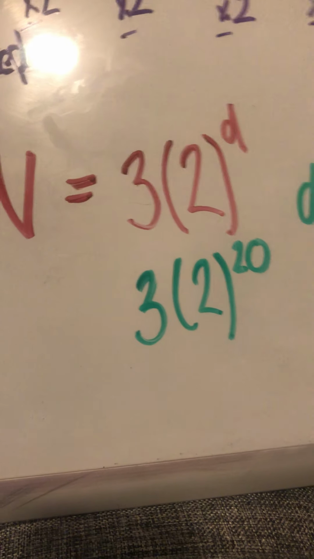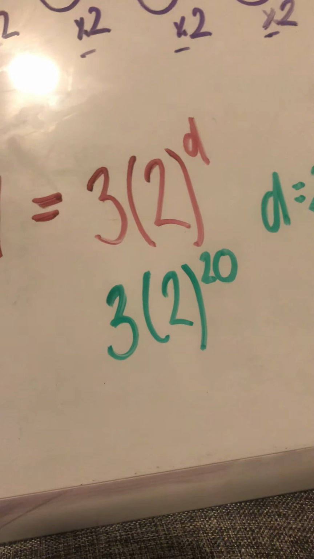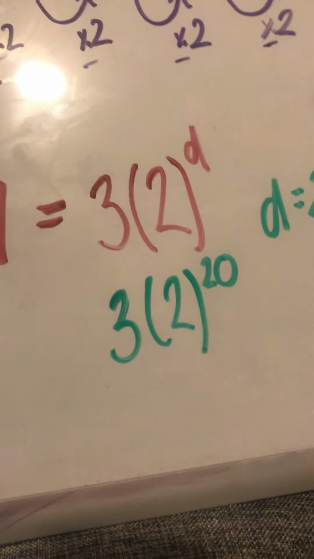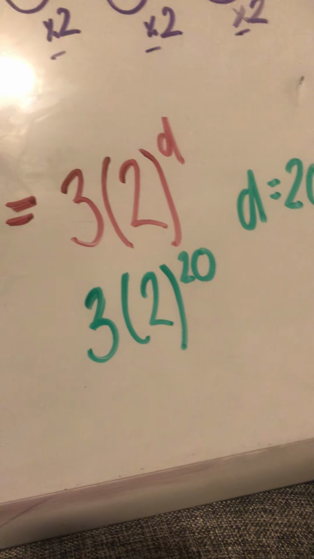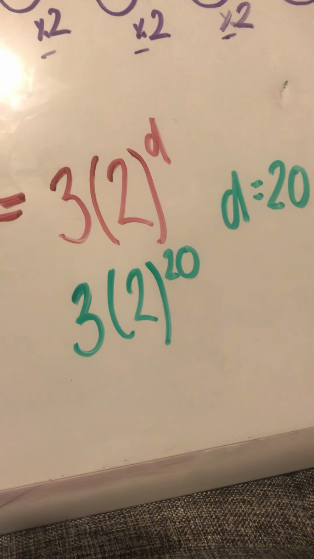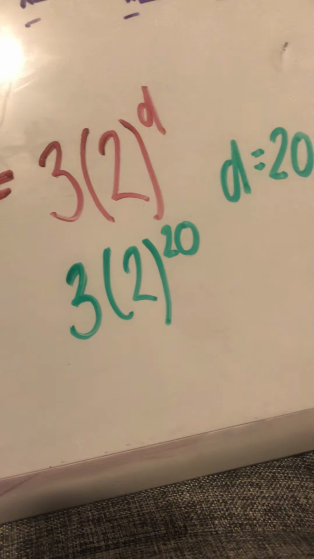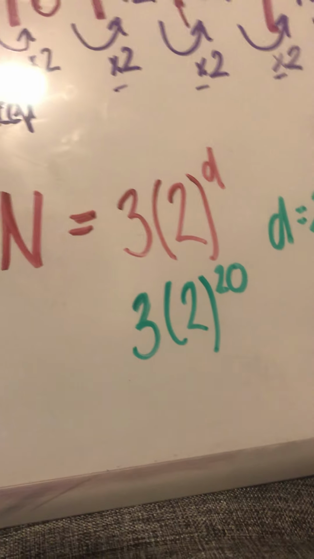I don't have my calculator, so I guess I'm going to use the internet for this. So you want to raise 2, be careful of your order of operations, 2 raised to the 20th power. That should be what you're doing first. And then you're multiplying that by 3. Or do it all in one step on your calculator.